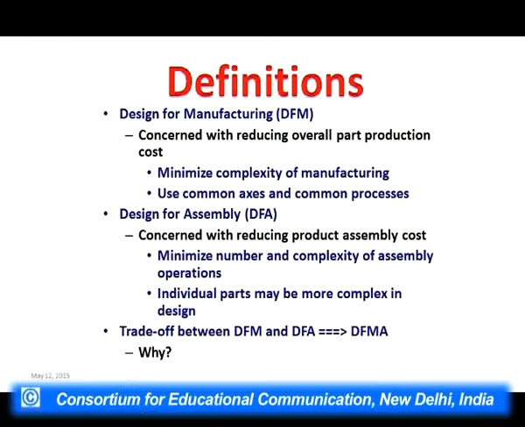If we make things simple for assembly, this will become difficult for manufacturing. If we make things simpler for manufacturing, it will make things complicated for assembly. We have to bring in a trade-off between manufacturing and assembly, and finally we will get a product with a design suitable for manufacturing and assembly.